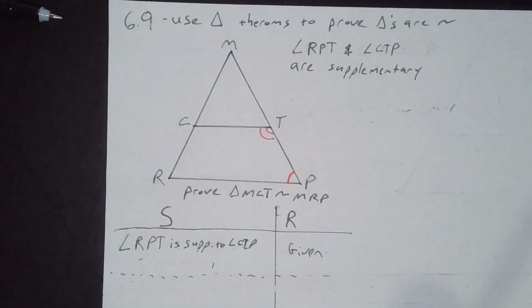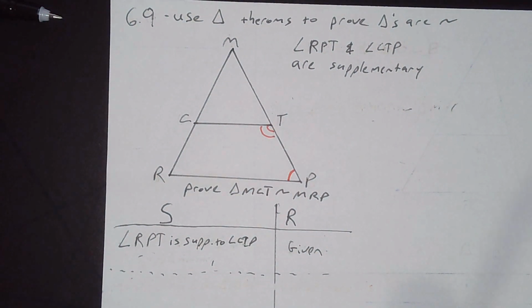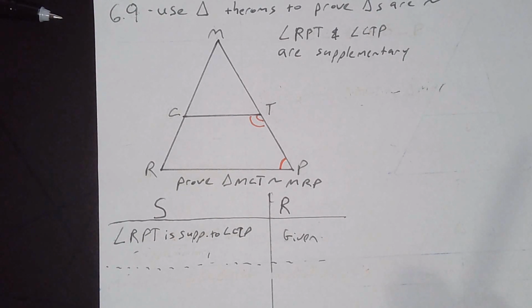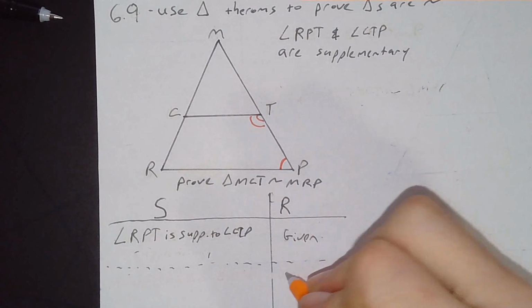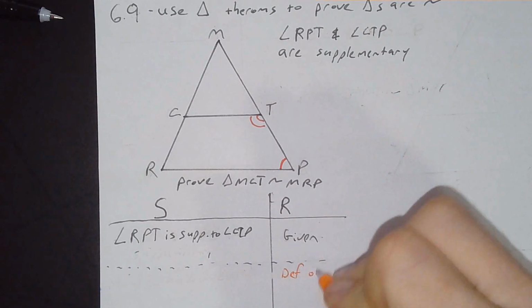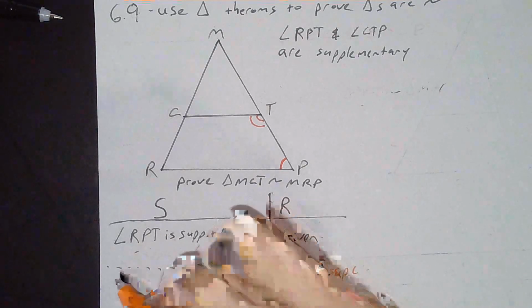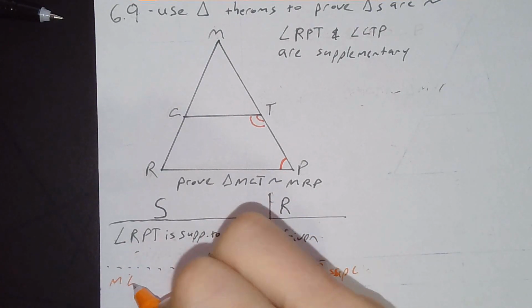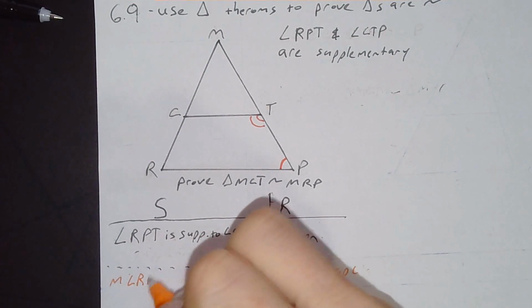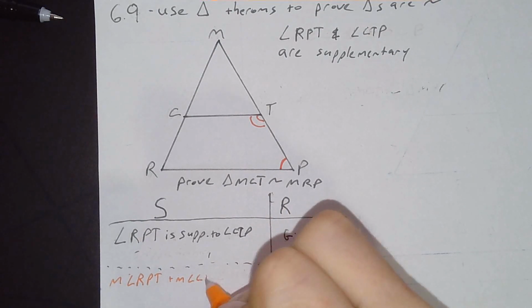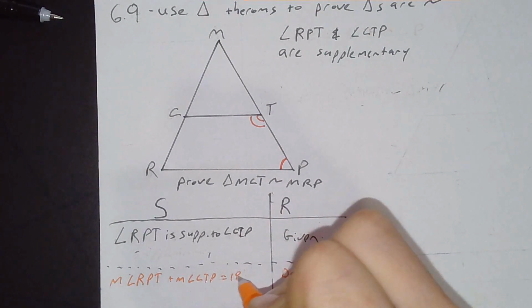Okay. Then where do we go from here? Well, if you really don't know where to go from here, I know that the definition of supplementary angles is that the measure of angle RPT plus the measure of angle CTP must equal 180.